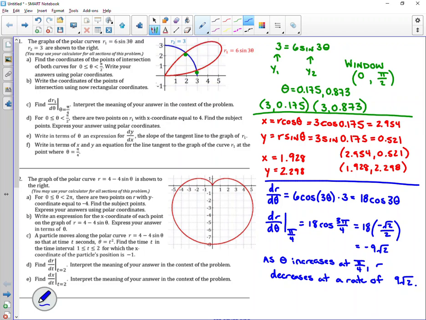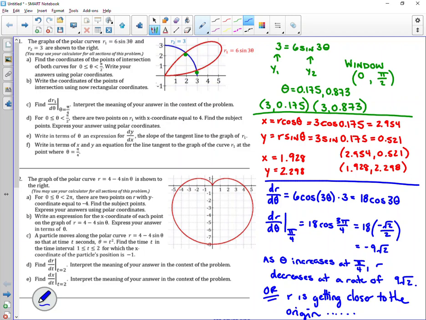Or you can say r is getting closer to the origin. Does that make sense to you as well? You have to say at pi over 4. Yes. And then you have to finish it. But instead of saying r decreases at a rate of, another idea is r is getting closer to the origin.